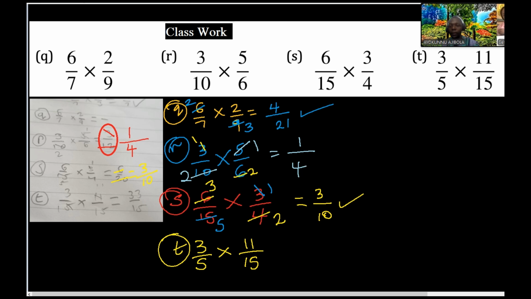Good. So, is there any number that can divide themselves here? 3 and 15, right? Yes. So 3 here, 1. 3 here is what? 3. Is that clear? No number can divide again, so tell me what to do.